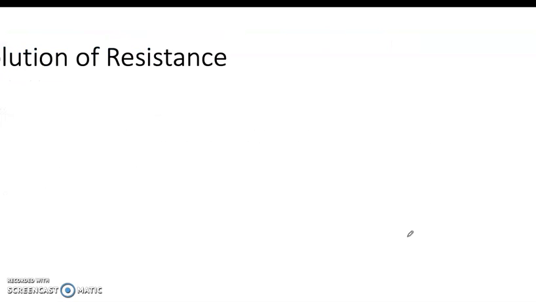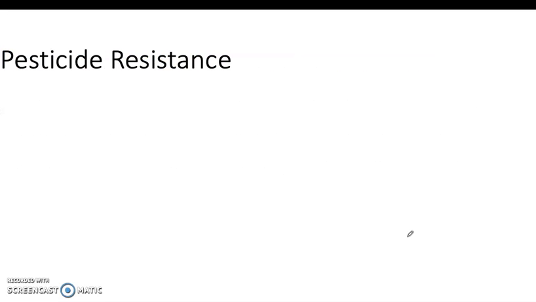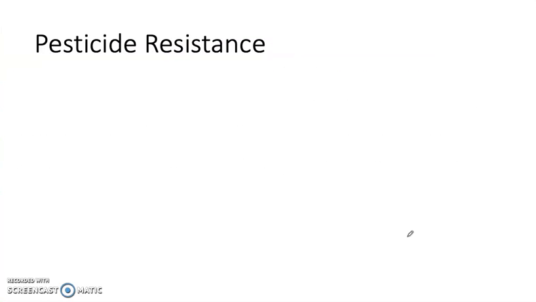Now, evolution to resistance is actually important, okay? Now, what is resistance? It's your ability to withstand something, okay? So it's the ability of an organism to tolerate a chemical or disease-causing agent, all right? Okay, so pesticide resistance is a resistance that insects can develop, okay?